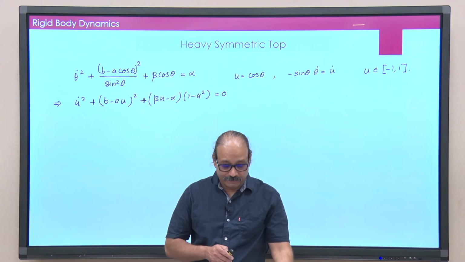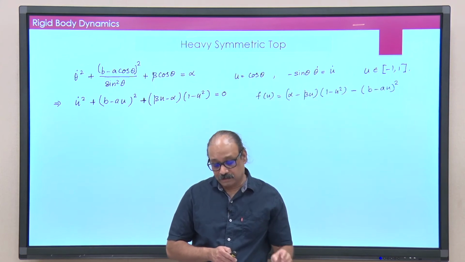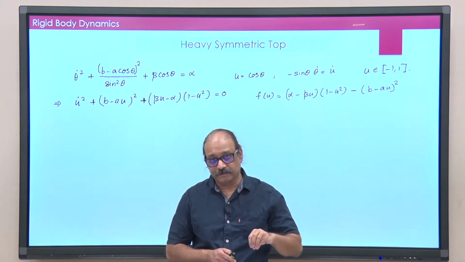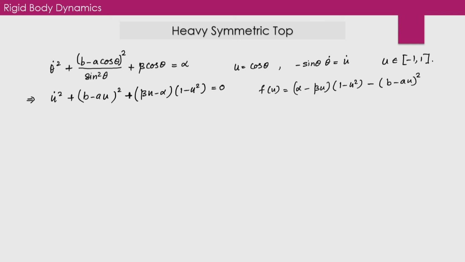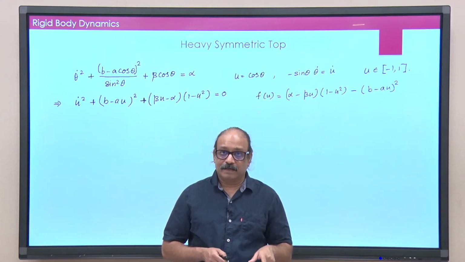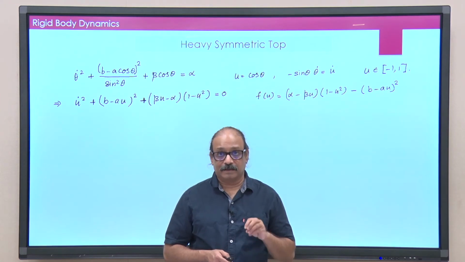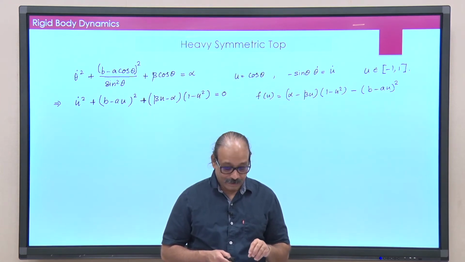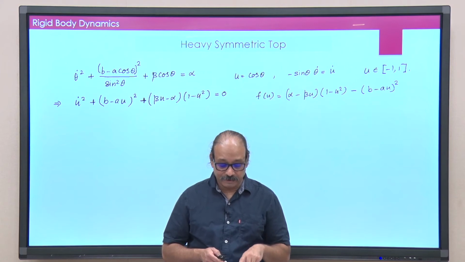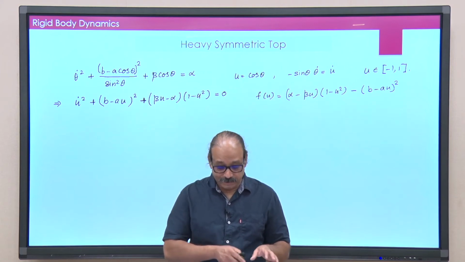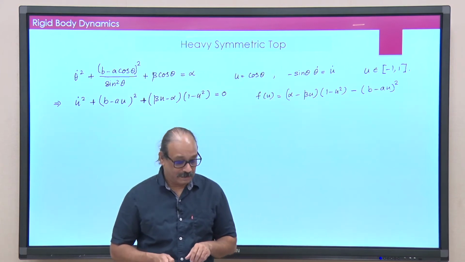Now, you look at this particular equation. What does it look like to you? You remember when we were doing the central force problem, we came to r dot square is equal to something. This one looks exactly like that. It is u dot square, and that must be equal to this quantity, which I am going to call f of u.